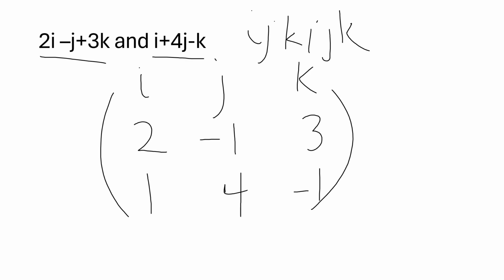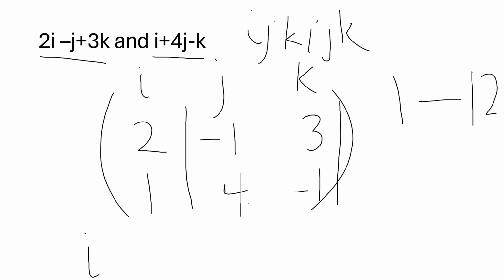Now to get the component in I after the cross, we have to ignore those who have I among the two vectors. So 2 and 1, we forget about them. Now, we consider these two and we find the determinant like we are doing for a matrix. So we'll do negative 1 times negative 1, that will be positive 1, minus 4 times 3, that's 12. So you get negative 11I.